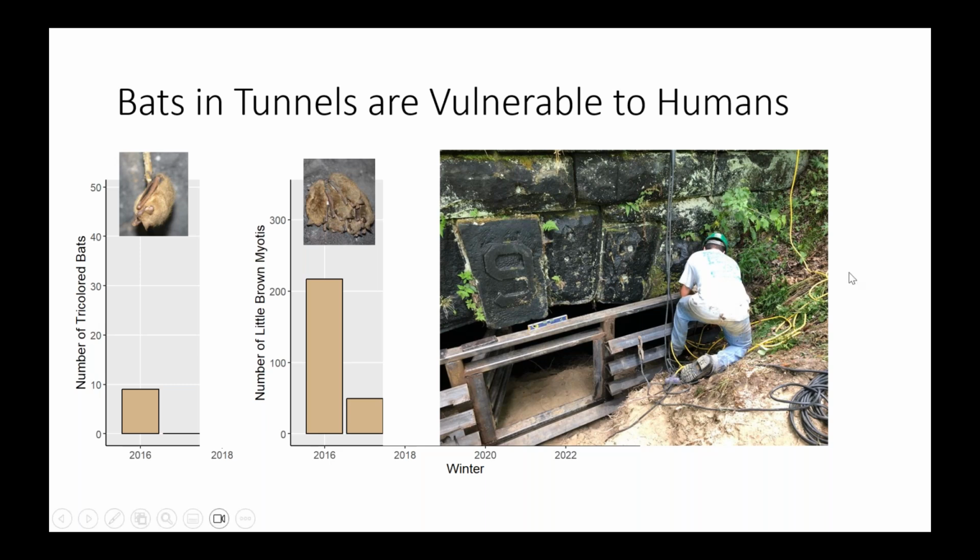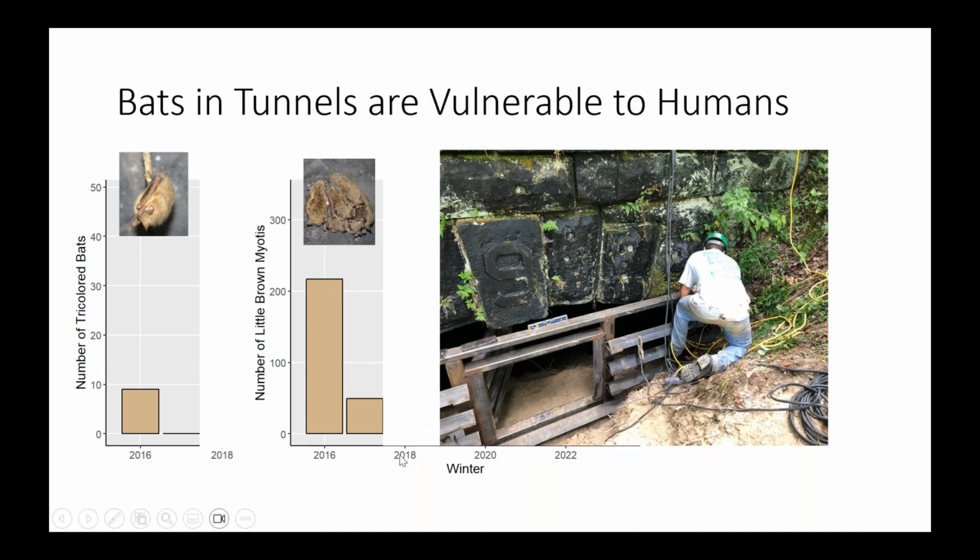So what I'm showing you here are the counts of tricolored bats on the left and little brown bats in the middle. In 2016, when Chris and some other colleagues first surveyed these habitats before I was on the scene, we had 9 tricolored bats, which for that species is a great count, and over 200 little brown bats, and that's a phenomenal count for today or then.